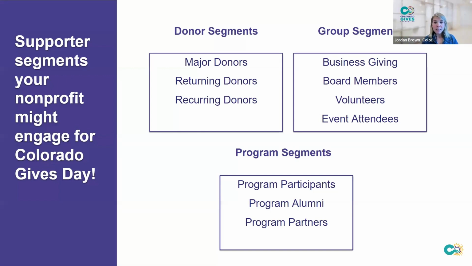So the program segments like program participants, alumni of those programs, people who have benefited and moved on successfully, and program partners. So those people that help make things happen, but maybe aren't quantified as a volunteer or an employee of your nonprofit. So these are great segments to try and target for Colorado Gives Day.